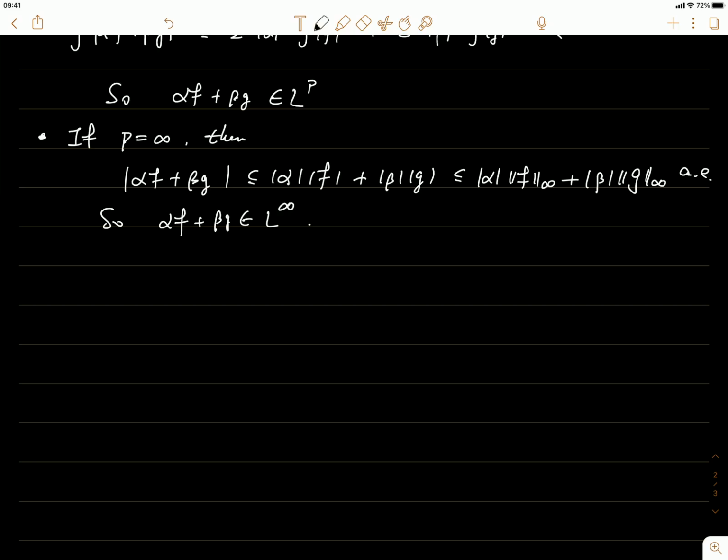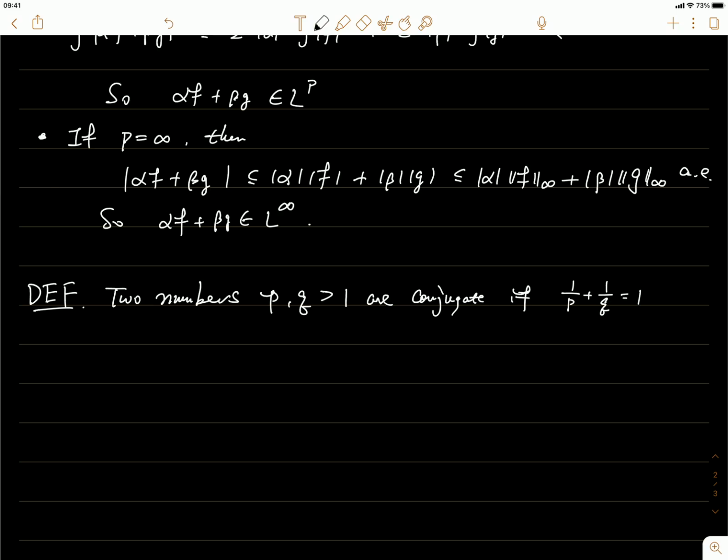Next, let's give a definition for conjugate numbers. We say that two numbers p and q that are both greater than 1 (we actually can extend it to greater than or equal to 1) are conjugate if 1 over p plus 1 over q is equal to 1.